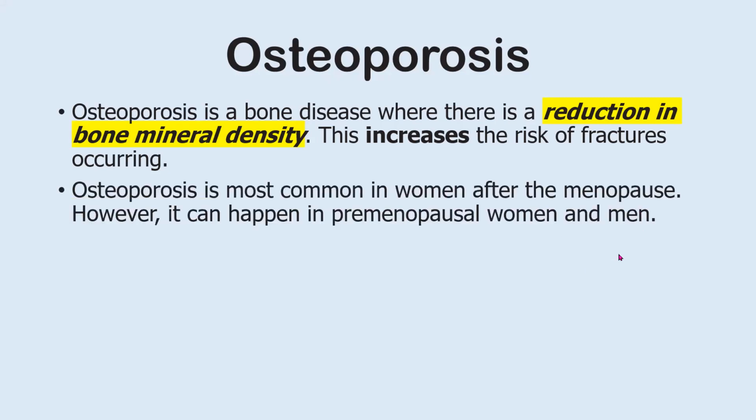And because hormones affect, as we talked before, the actual bone itself, after menopause, when women's hormonal concentrations change, this is where osteoporosis could be a problem. But it can happen to premenopausal women and men.